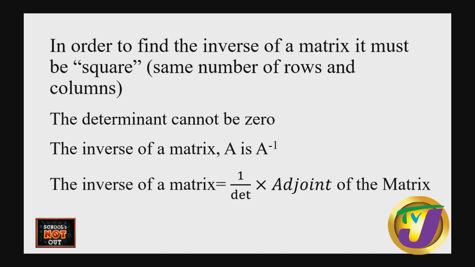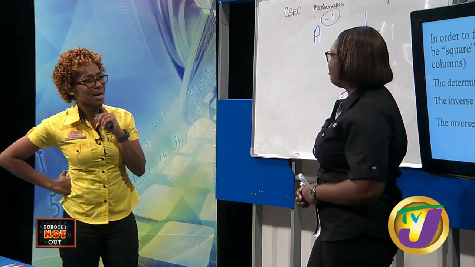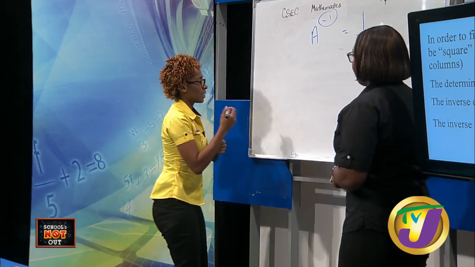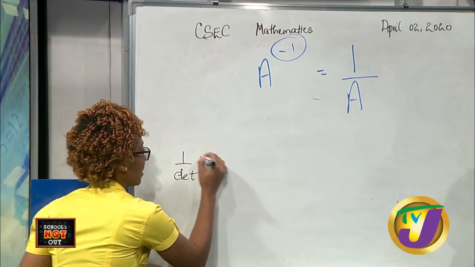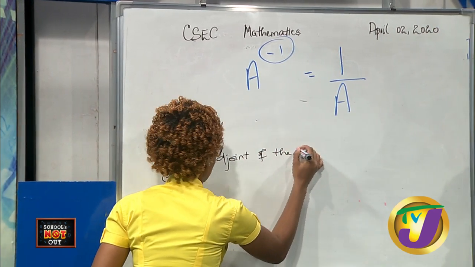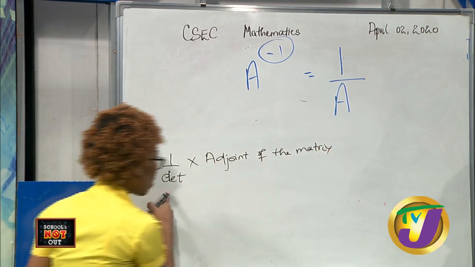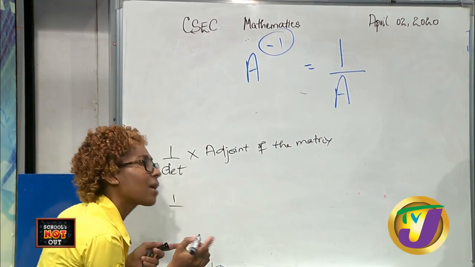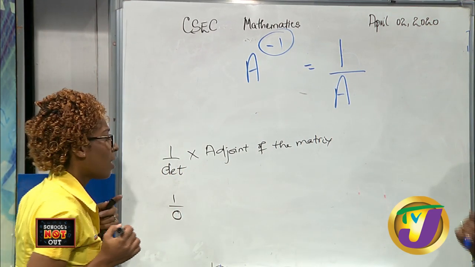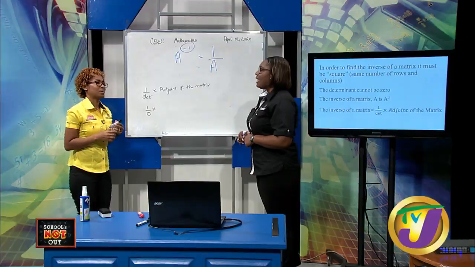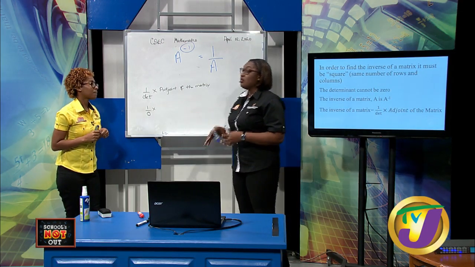So my question now, if I have a determinant which gives me 0, what does that mean about my inverse? So the inverse is 1 divided by my determinant multiplied by the adjoint of the matrix, right? So what if I have a determinant like the first one? Remember when we found the first one and you told me it was a singular matrix and the determinant was 0? Because it's 1 divided by 0, I know that 1 divided by 0 would give me 0.